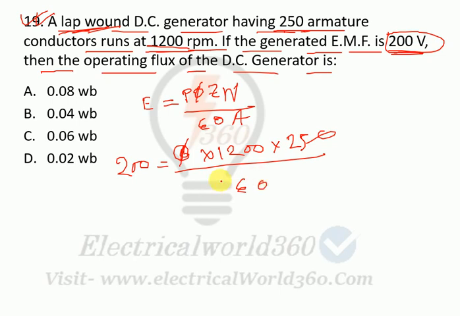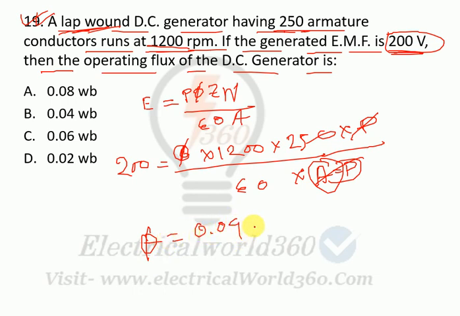Here 1200 is the speed of the generator and Z is 250, the number of conductors, and into P into A. And as we know, for lap winding A equal to P, so we can cancel both. So from here, after solving that, we will get ϕ equal to 0.04 Weber. So that is why we can see it in the option number B. Option number B is the right answer.